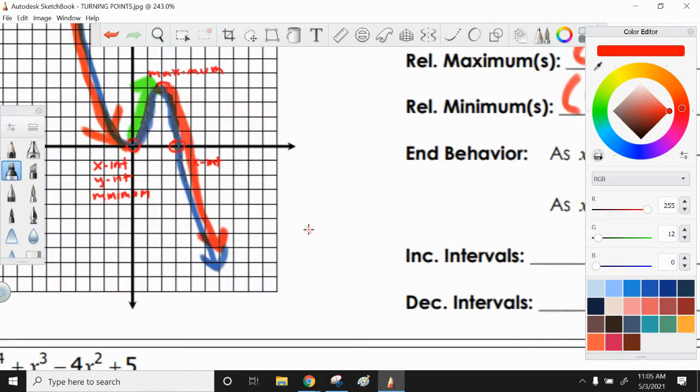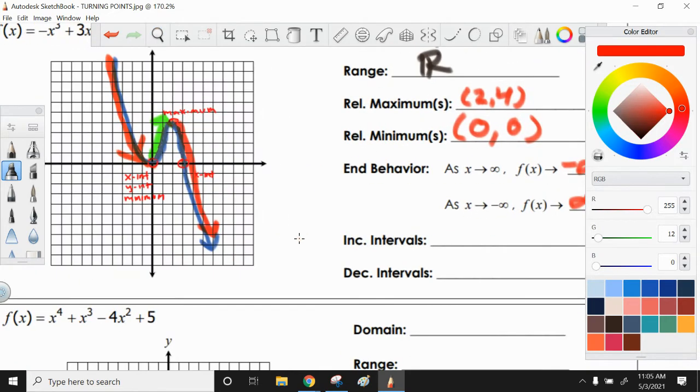That means we can expect our intervals, and you don't have to do this, to look something like this, right? Decreasing for 2 different intervals, increasing for only 1. We know it's going to look like this. One of these is the first down, and then the up, and then the second down.